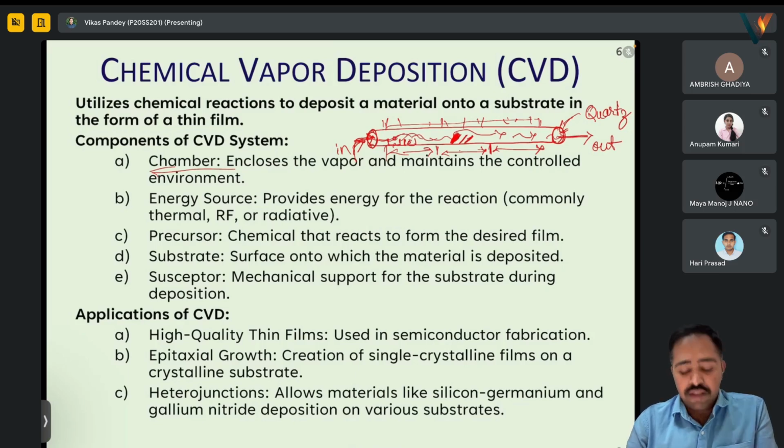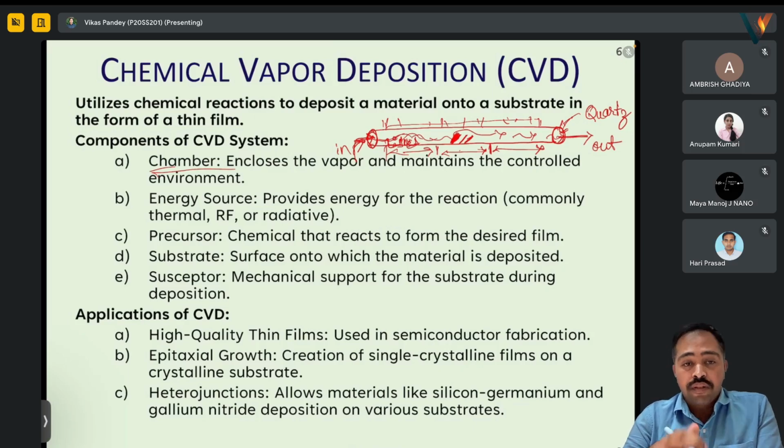Third is precursor, that is the starting material or the chemical reactants that we have. Okay. Then the substrate on which we will deposit. We have talked about substrate in detail in week 1 and the start of week 2, right? So this is the substrate, the surface on which this deposition will take place.